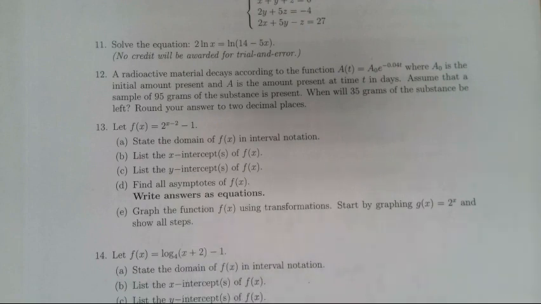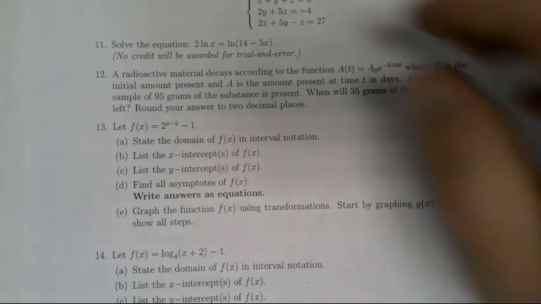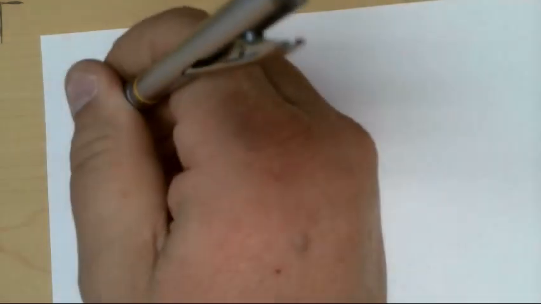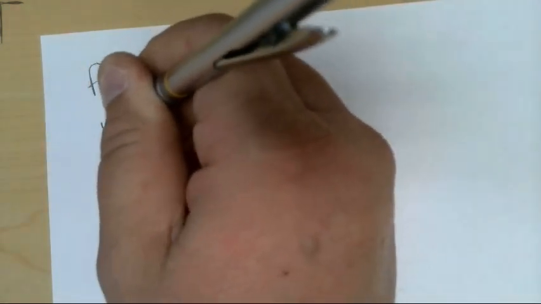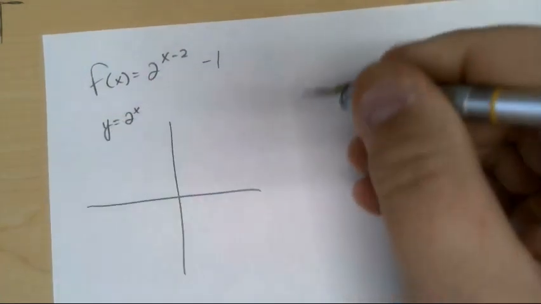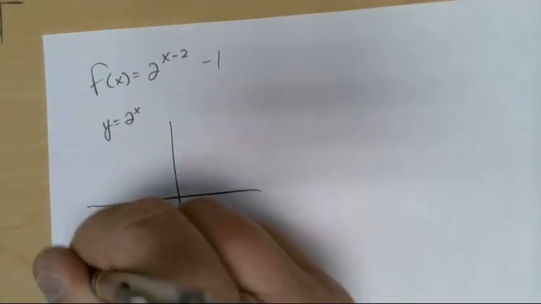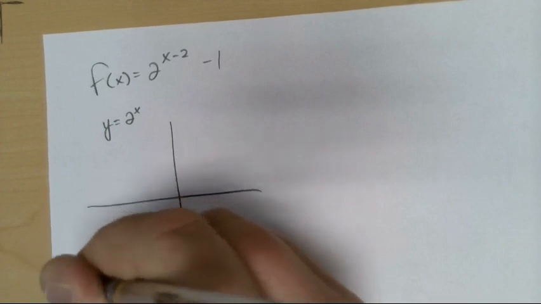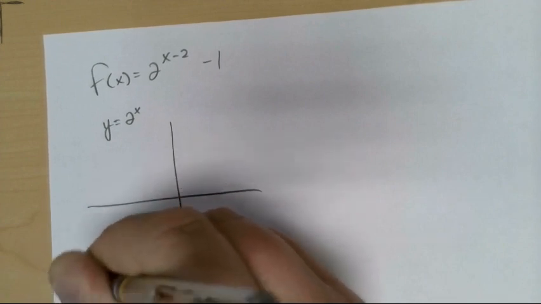Okay, I'm going to actually do this a little out of order, but I'm going to do a few things. First of all, I'm going to start with graphing it for a second. If I graph this, I start with y equals 2 to the power of x. Let's make a t-chart here for a second. X, y, 0, 1, 2.